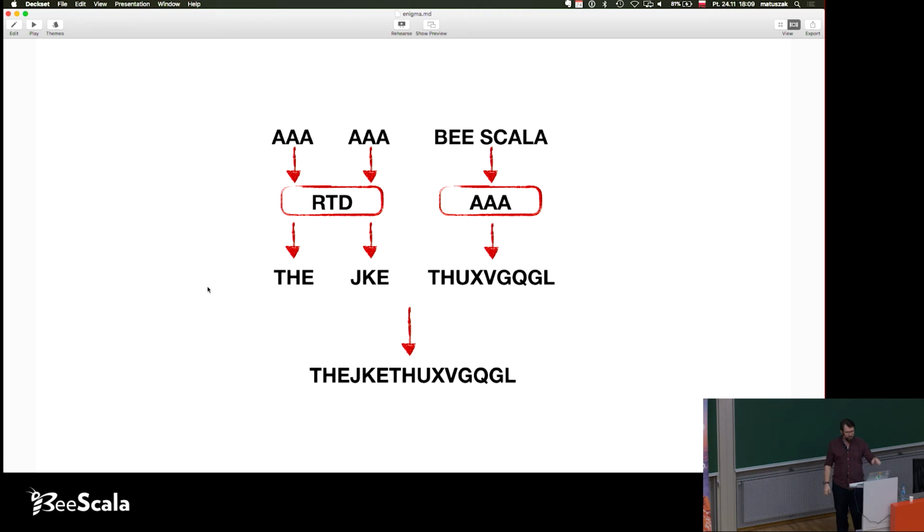First, they decided to use AAA. So at the beginning of the message, there were 6 A's. The initial setting for today was RTD. Using this RTD, they encrypted the 6 A's. And using the AAA, they set up the initial setting, and they encrypted our message.